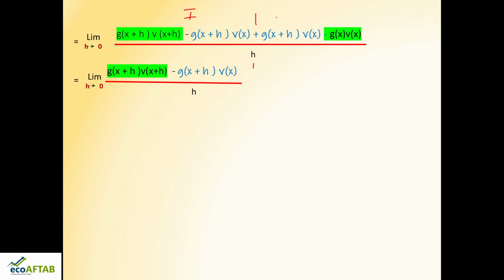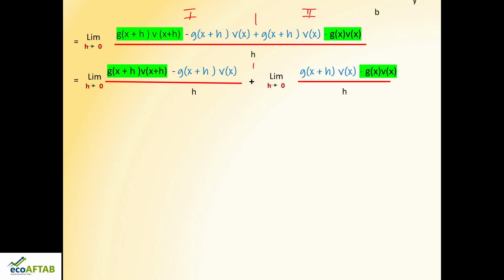So, this is the first part, and here is the second part, which I am going to continue writing as plus limit h tends to 0 of g of x plus h into v of x minus g of x into v of x divided by h. So, what I have done here is, in the second step, I have just bifurcated the entire function into two parts.